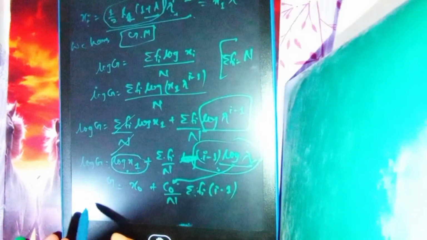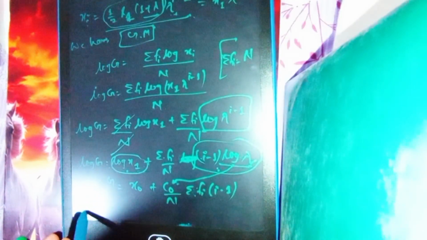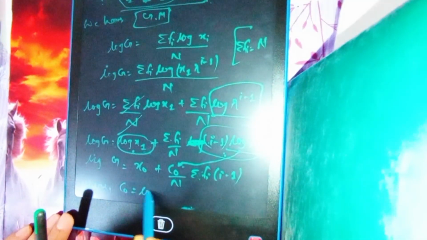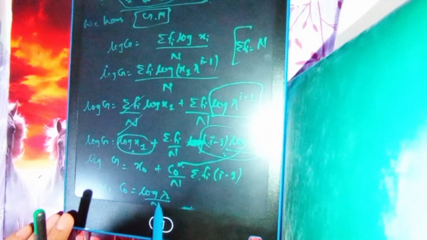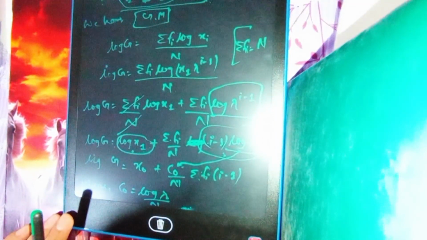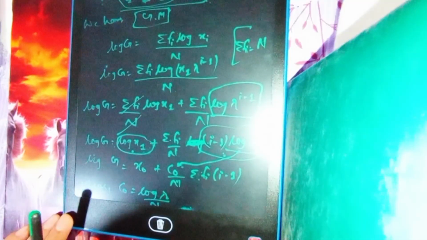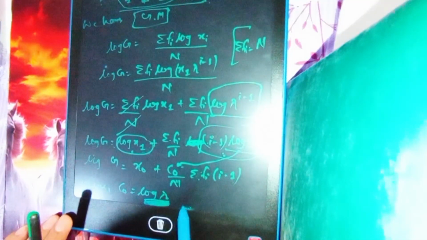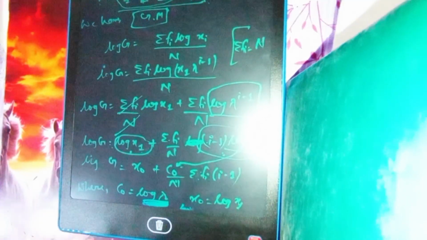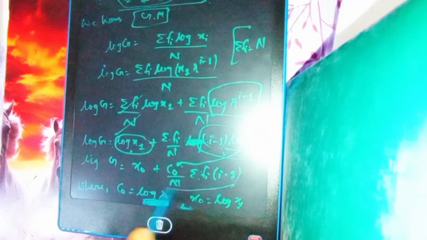And this is what we have to prove, okay? So where c dot is equal to log lambda by n, okay? We will also take n if we have to take, but that is not necessary. The c dot is log lambda, okay? And x0 is equal to log x1, okay? So this was what we had to prove, okay?